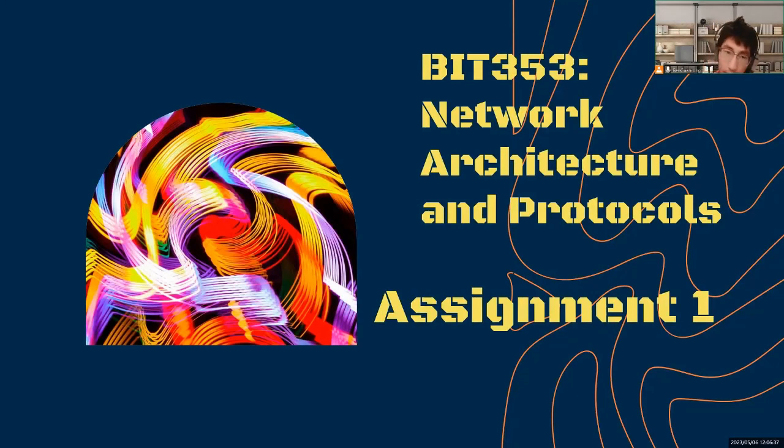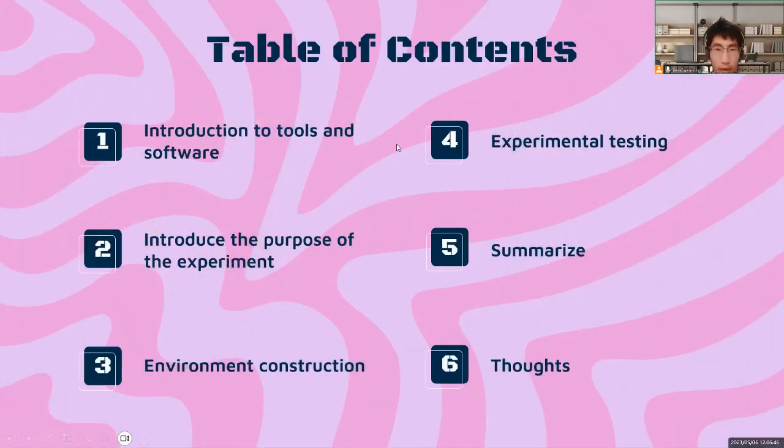protocol assessment 1. Here are the contents of this presentation. First, we'll talk about the introduction to tools and software, what we need to finish this experiment, and also the purpose of the experiment, what this experiment is about.